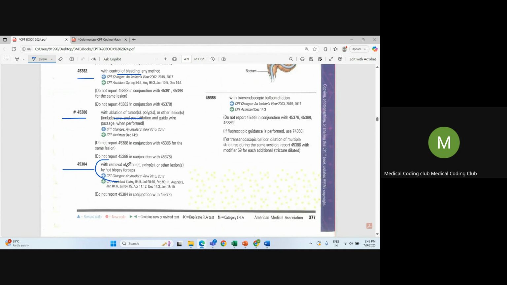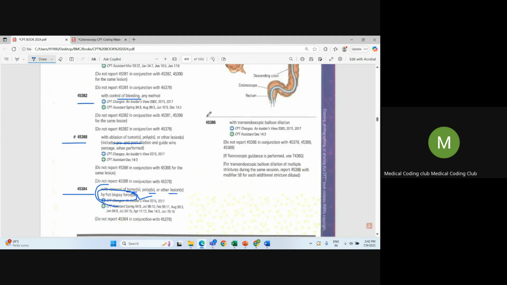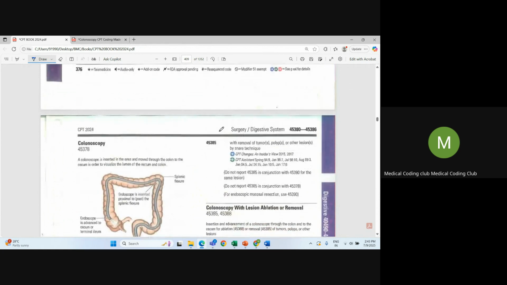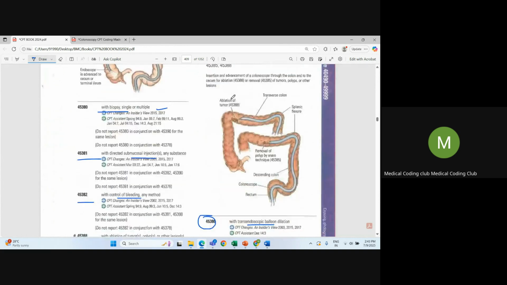45384 with removal of tumor, polyp, other lesion by hot biopsy forceps technique. 45386 is transendoscopic balloon dilation. And one more code we have, 45385, with removal of tumor, polyps, other lesion by snare technique. Okay, these two techniques are important.